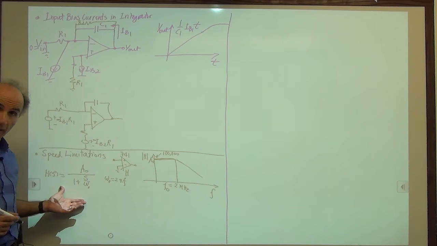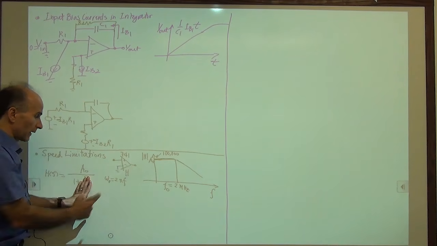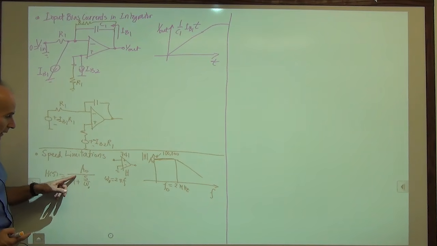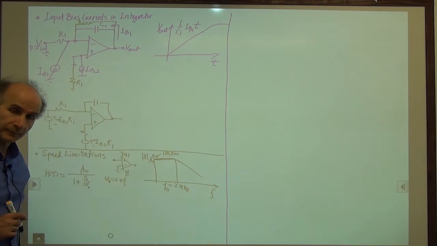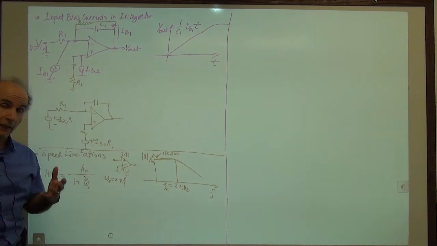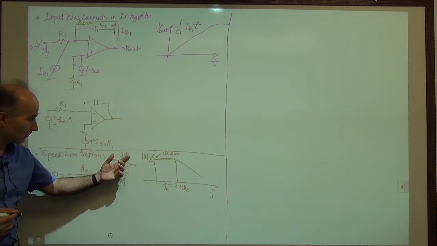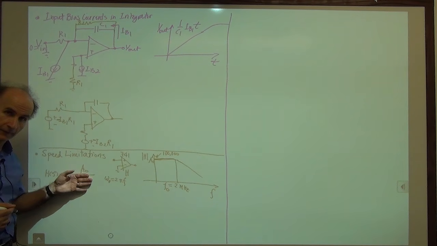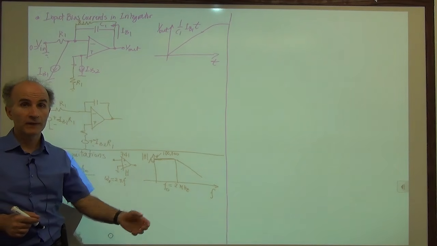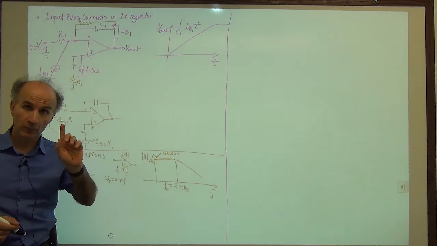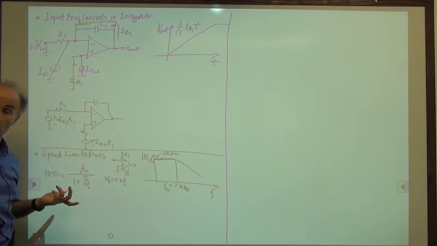This makes sense, right? If S, the frequency of operation, is very low, we have a gain of A0. And then as this goes up, you remember that we take the magnitude of this from Bode plots, and we see that it falls. Okay, so if we can model the op-amp by a first-order system like this, meaning this box is actually like this, not just A0, then we have to go back to every circuit that we studied before, and wherever we see A0, we have to replace it by A0 times 1 over 1 plus S over omega 0, and let's see what happens.